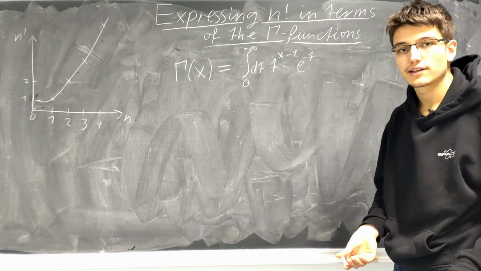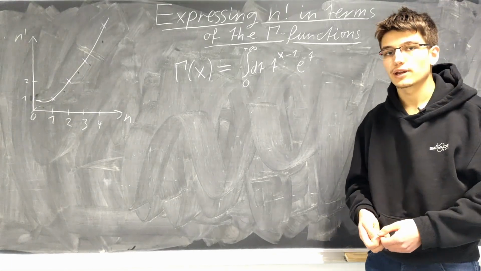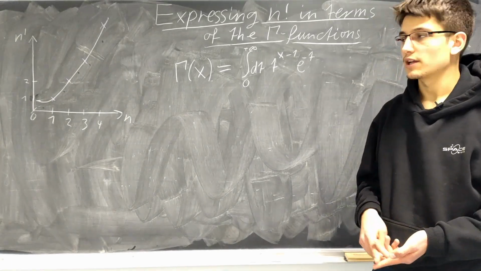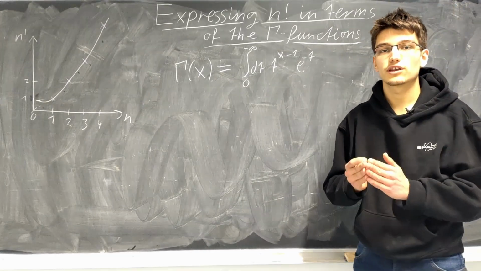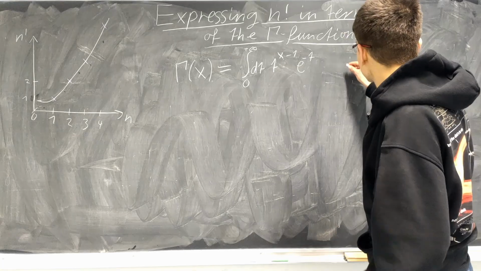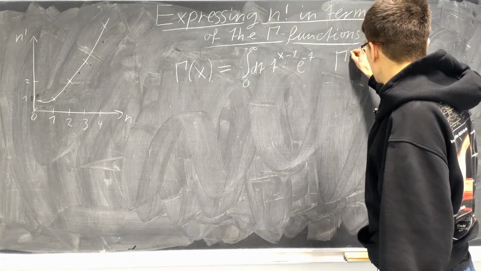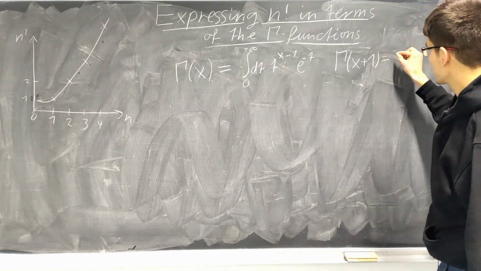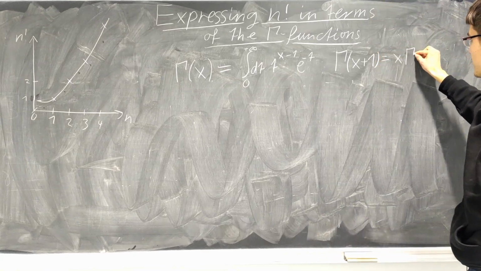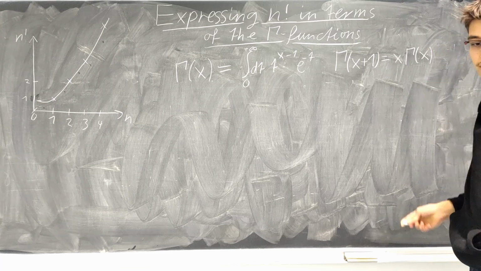At first sight, there's no connection between the faculty and the Euler function. But the Euler function has a really useful property: gamma of x plus 1 equals x times gamma of x.